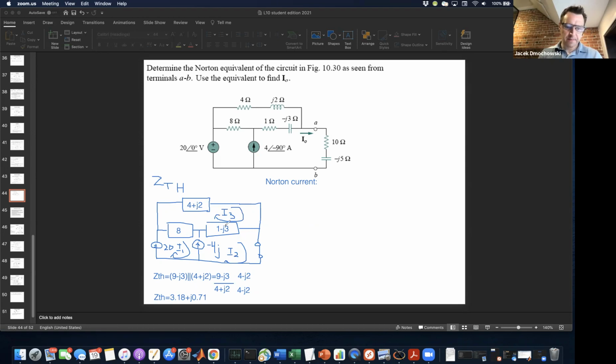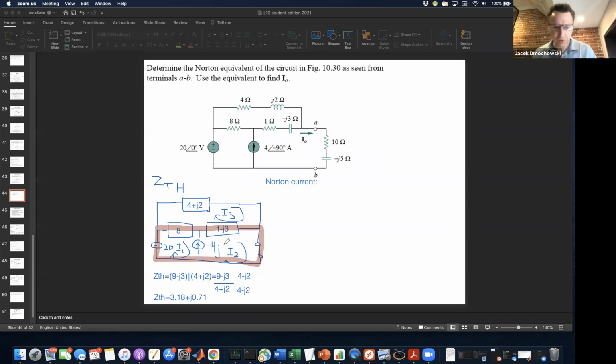So now what we have here is a super mesh, right? This mesh contains a current source common to the 2 meshes I1 and I2.